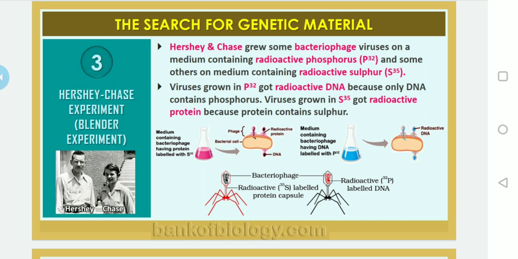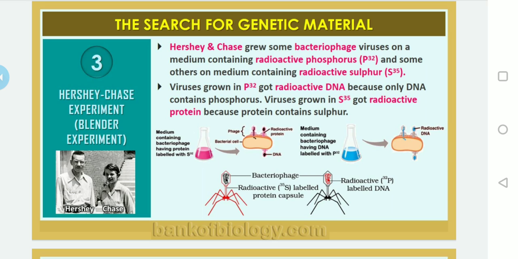Hershey and Chase grew some bacteriophage viruses on a medium containing radioactive phosphorus, that is phosphorus 32, and some others on a medium containing radioactive sulfur, that is sulfur 35.